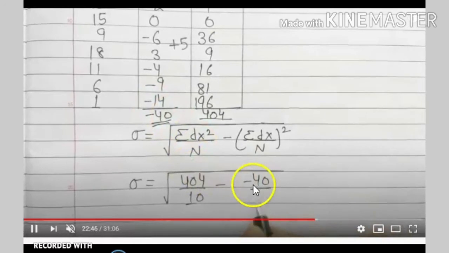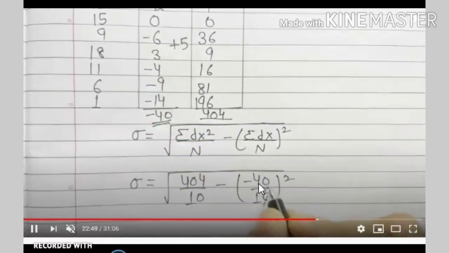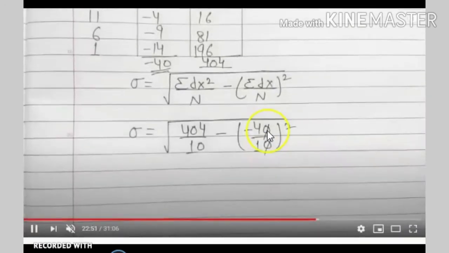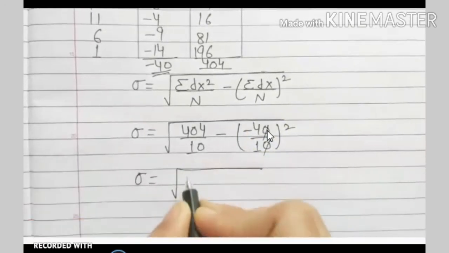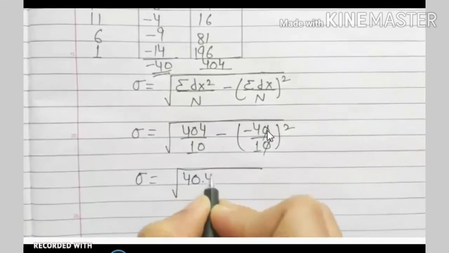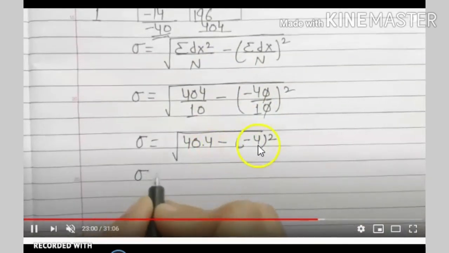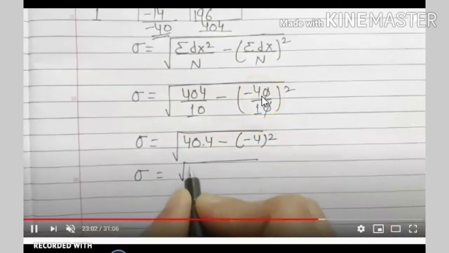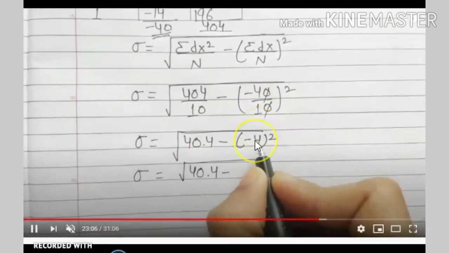So minus 40 divided by 10 the whole square. You can cancel these zeros. Then sigma is equal to root of 404 divided by 10, which is 40.4, minus this 4 square, that is minus 4 square, which is 16.